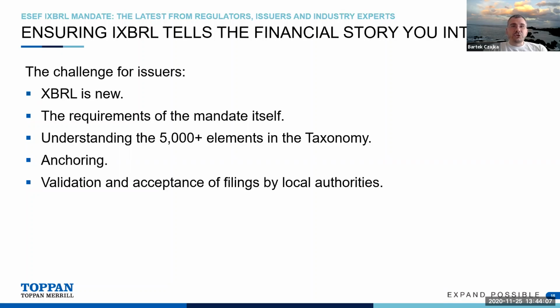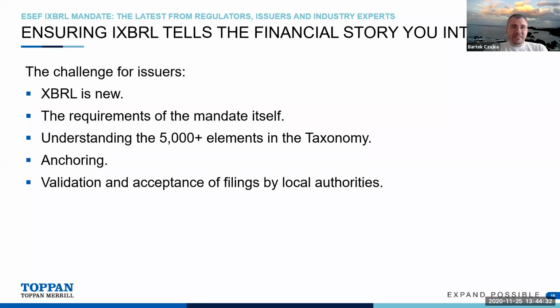Yet the choice of the anchor is probably the most difficult thing. At least I think it's the most difficult thing about the ESEF mandate, because you have to go out of your comfort zone, find an element that you are not actually using, find it among those 5,000 elements, and decide that that's the closest one, the most connected one to the line that you are using in your financials.